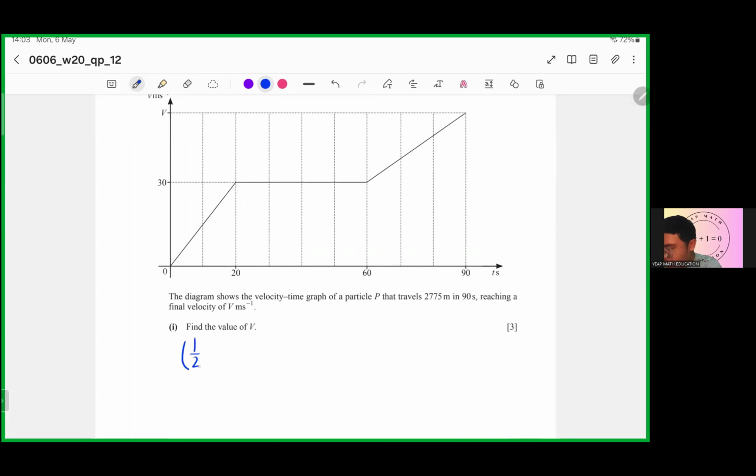So I take 1/2 multiply 20 multiply 13, and then plus 14 multiply 13, and then plus 1/2 multiply 13 multiply 13 plus 3. So that equals 2,775.